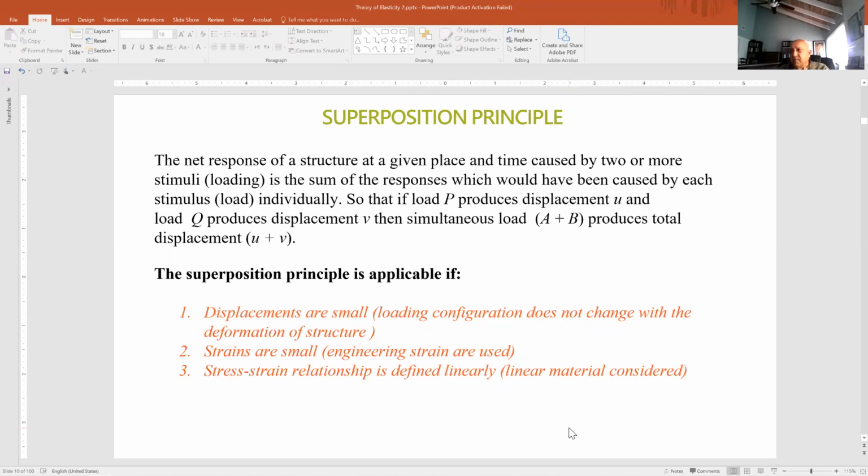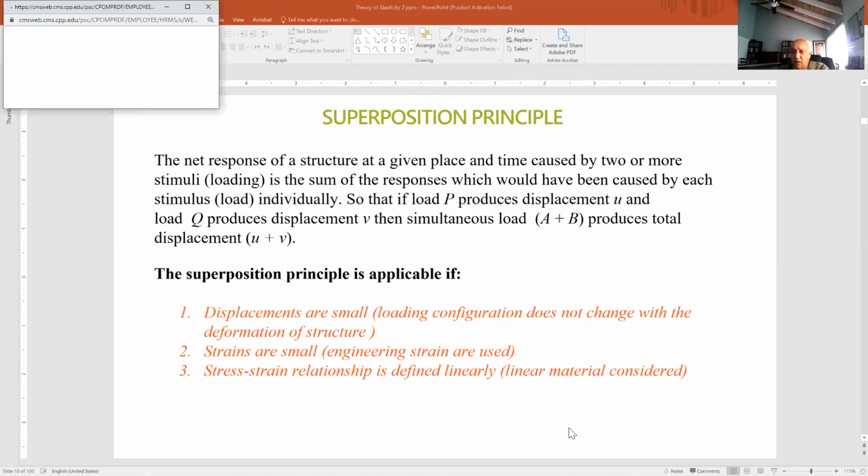That means if I apply a load of 10 kilogram force on the body and measure its deformation at location 1, and it is 1 millimeter, now if I double the force, the deformation at that point would be doubled as well.